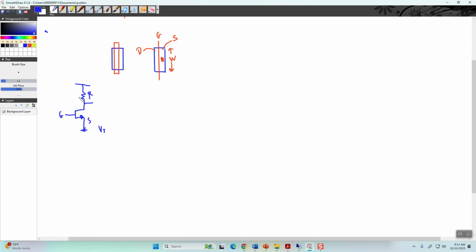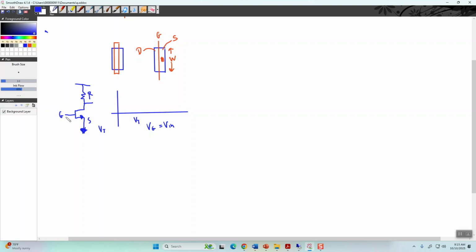So in this particular example, if I have VG equals VN, and VG with respect to source in this case because it's tied to the body, at some point there's the threshold voltage.